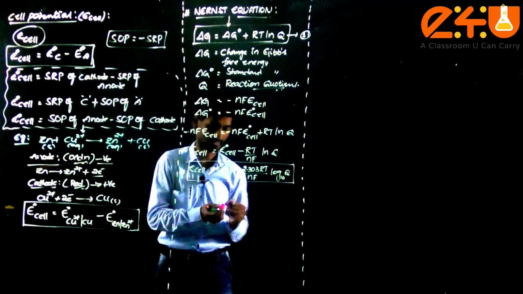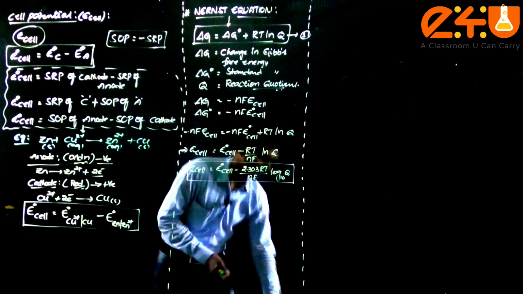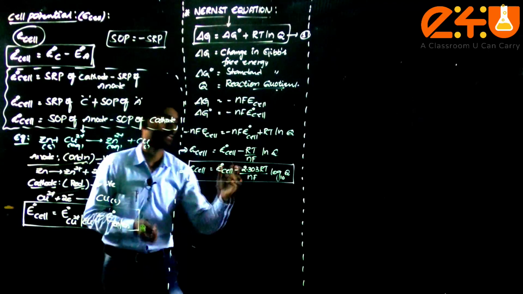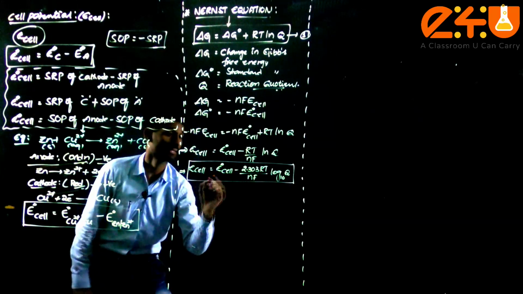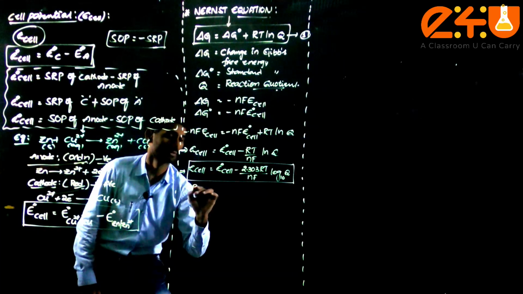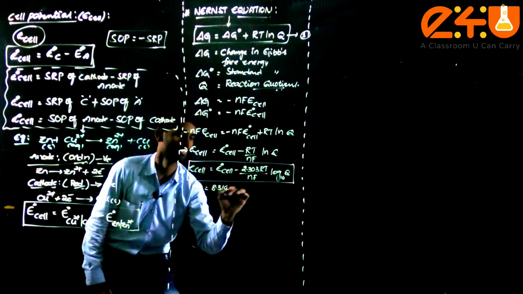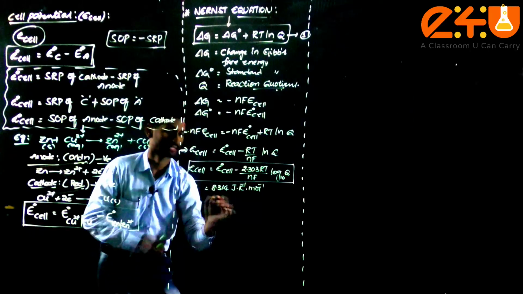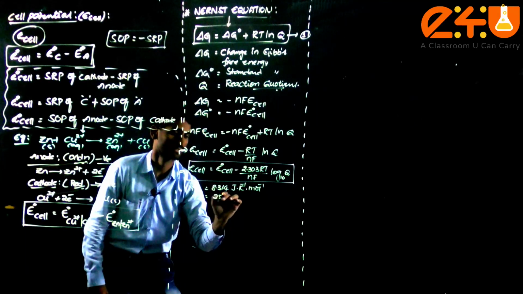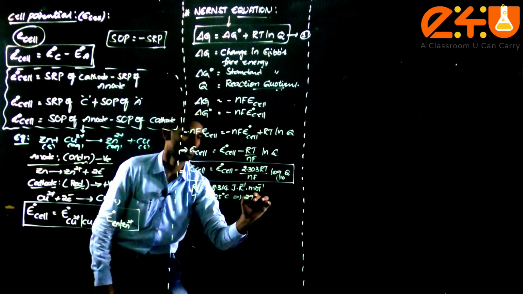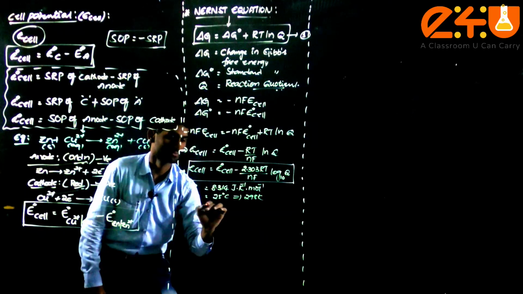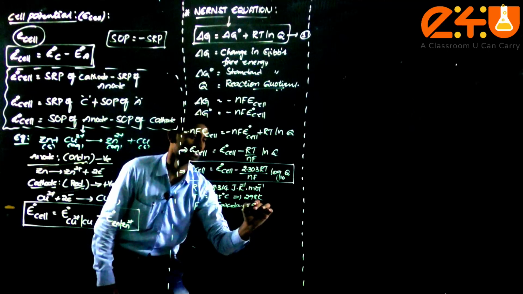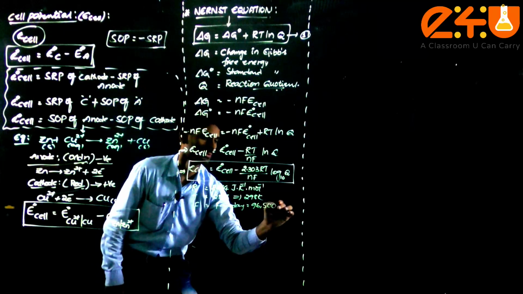E cell is equal to E naught cell minus 2.303 RT divided by NF log Q. Here R is 8.314 joule per kelvin per mole. T we consider as 25 degrees Celsius, that is 298 kelvin. F stands for Faraday, with value 96,500 coulombs.